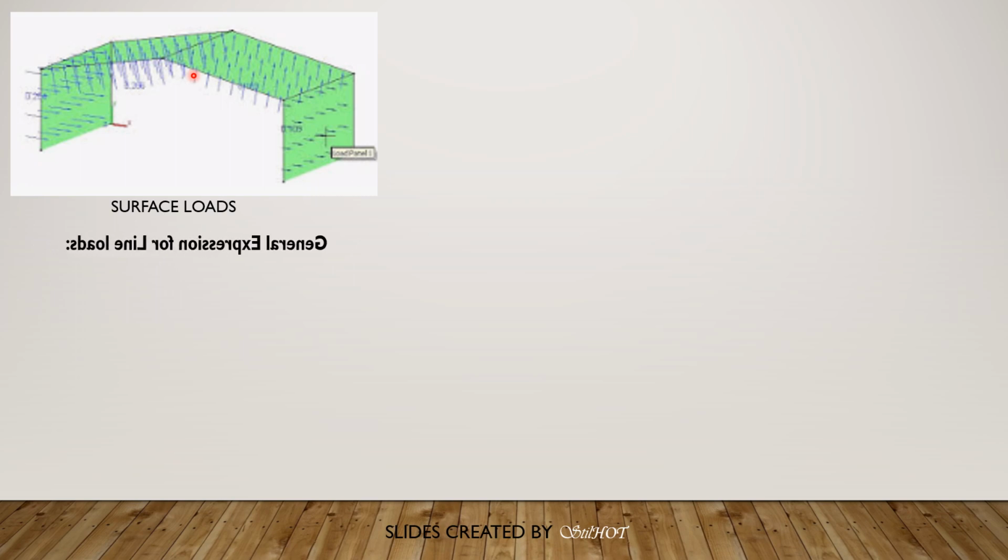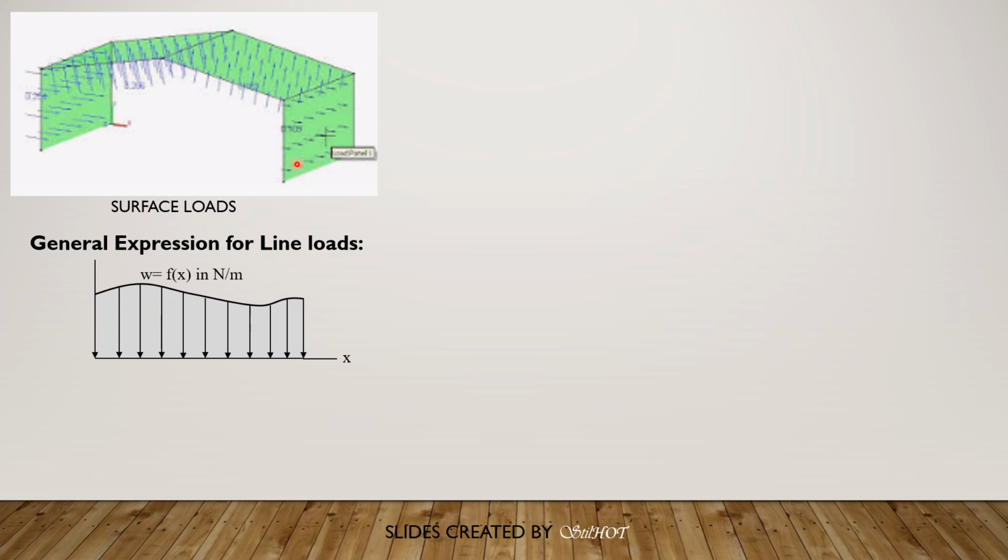So let's have the general expression for line loads. Consider these line loads, which vary with the length. The intensity of the load is denoted by this function w of x in newtons per meter or kilonewtons per meter, or it may be in pounds per foot.